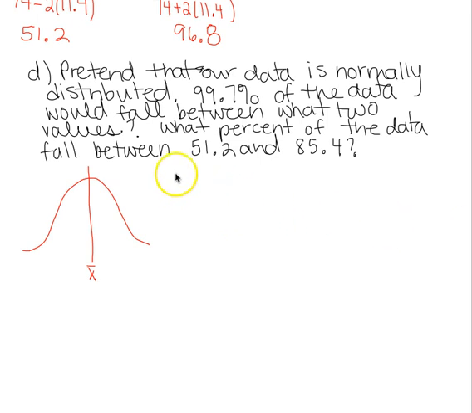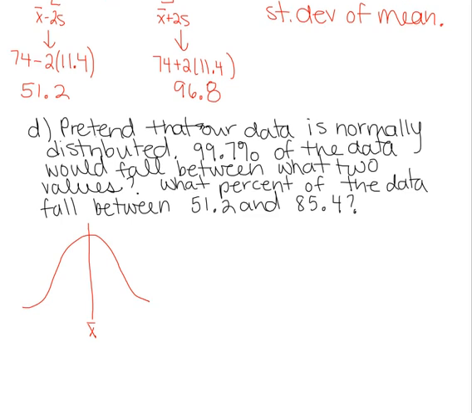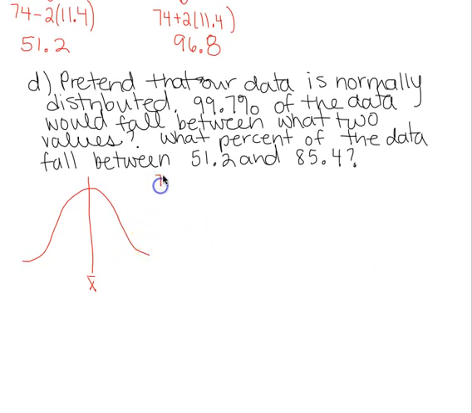So that means that if we want to know the two values, we're doing similar to what we did up here, except it's going to be 3 standard deviations instead of 2. So we're going to do 74 minus 3 times 11.4 for the lower limit, and 74 plus 3 times 11.4 for the upper limit.